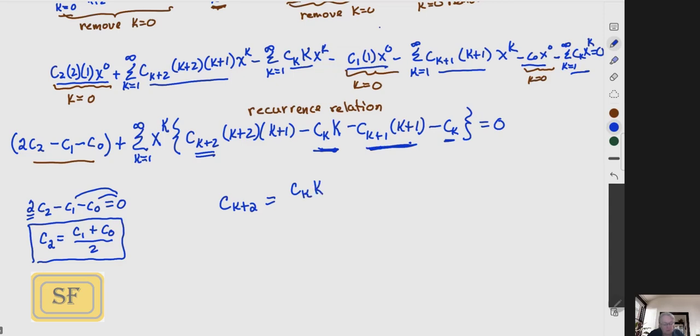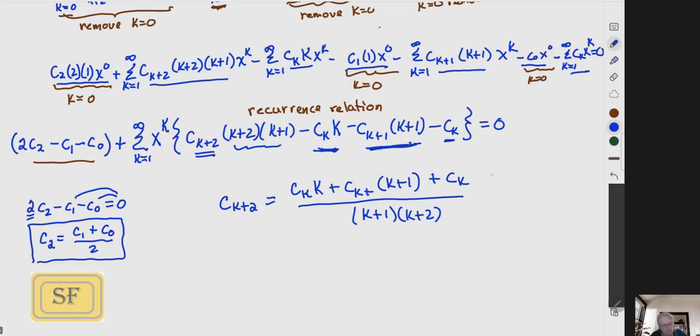Bring that negative c sub k plus 1 times k plus 1 over. That becomes positive. Bring the c sub k over. That becomes positive. And then divide by the coefficient of c sub k plus 2, k plus 1 times k plus 2. This is true when k equals 1 to infinity. So 1, 2, 3, and so forth.